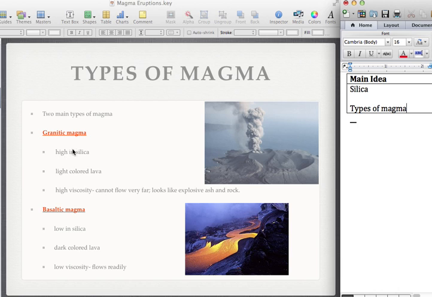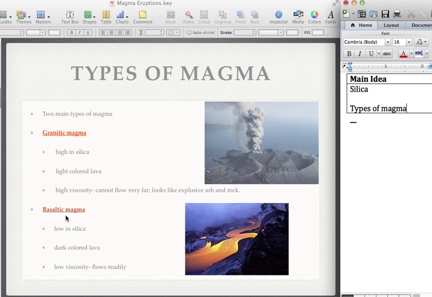It's very high in silica and creates a lighter colored lava. Now it's tough to tell looking at the lava because it's so hot that it's red, but when the rocks cool from granitic magma, they're going to be light in color. So you might want to add that to your notes, light colored rocks. And it has a high what we call viscosity. We'll talk about that term a little bit more on the next slide. Basically it means it can't flow very far, so it doesn't flow very easily. So that's one type of magma, granitic magma.